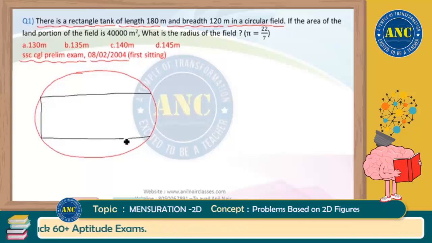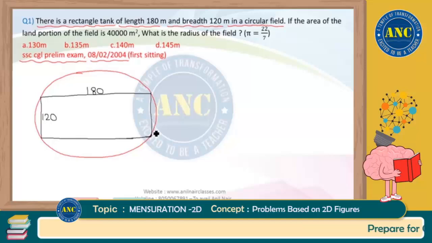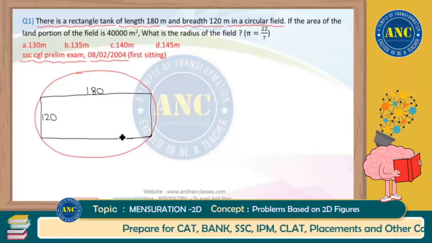The circular field is what is represented in red color, and the rectangular tank is what is represented in black color.